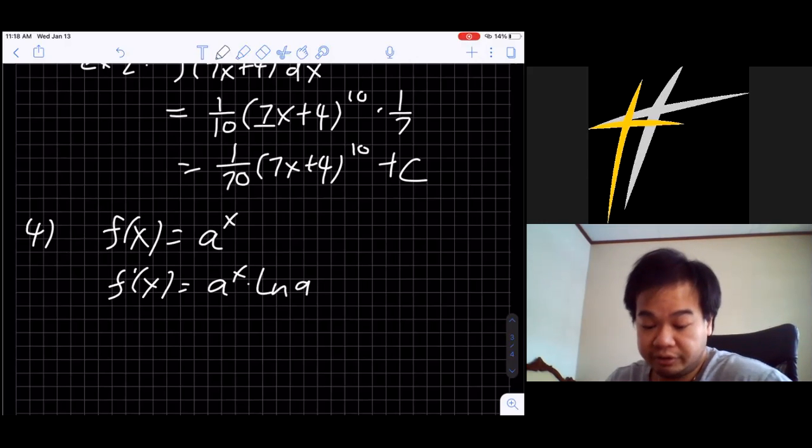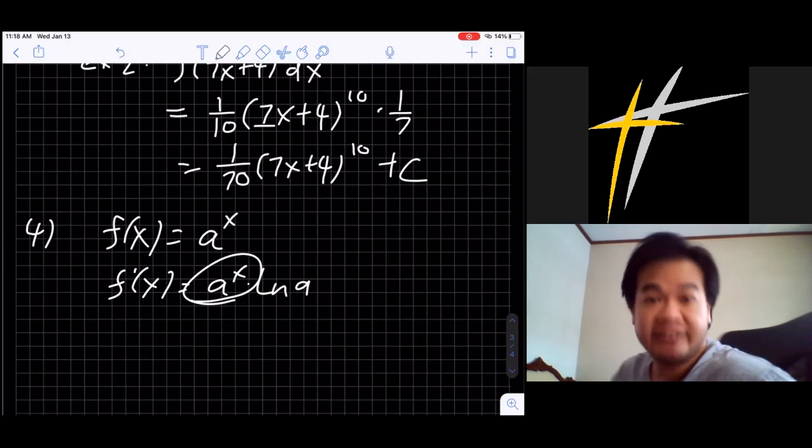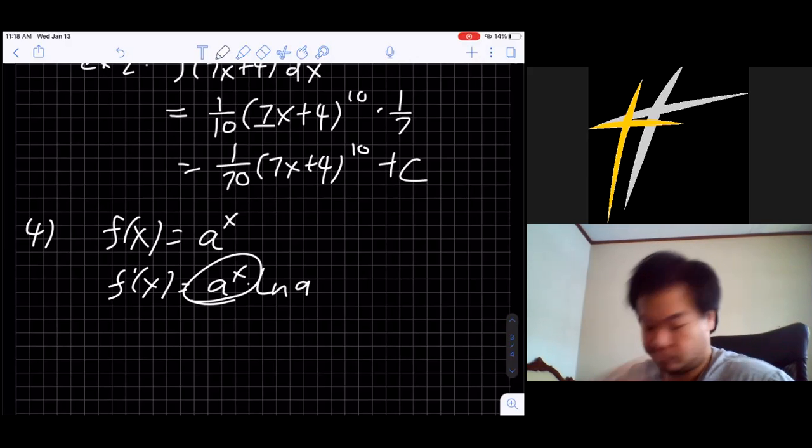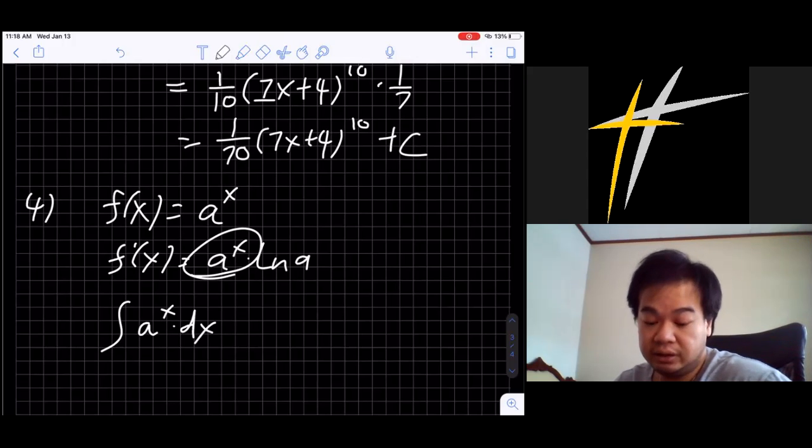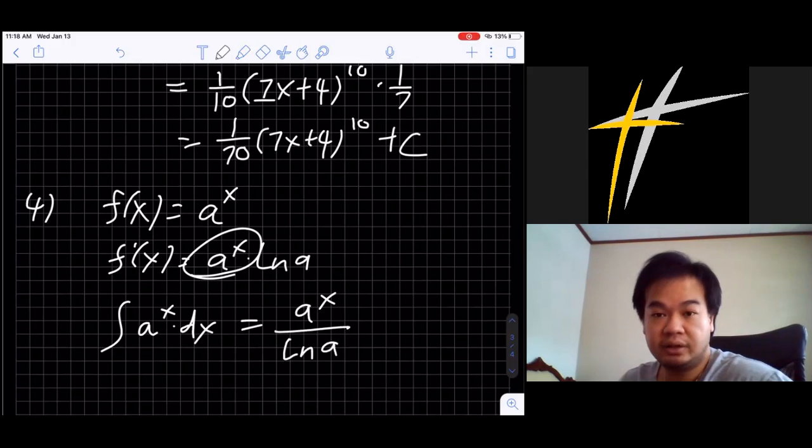So basically, the derivative of an exponential function is the exponential function itself multiplied by a certain constant. It means that if we want to integrate a power of x, then the result is a power of x itself, but you need to divide it by the constant ln a. Yes. Don't forget the plus c.